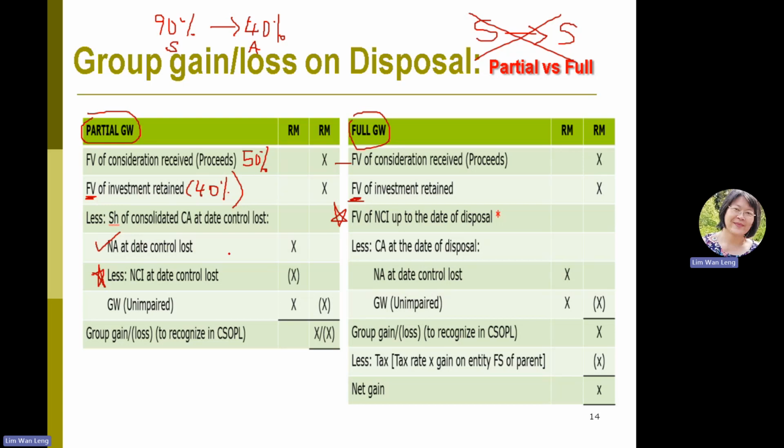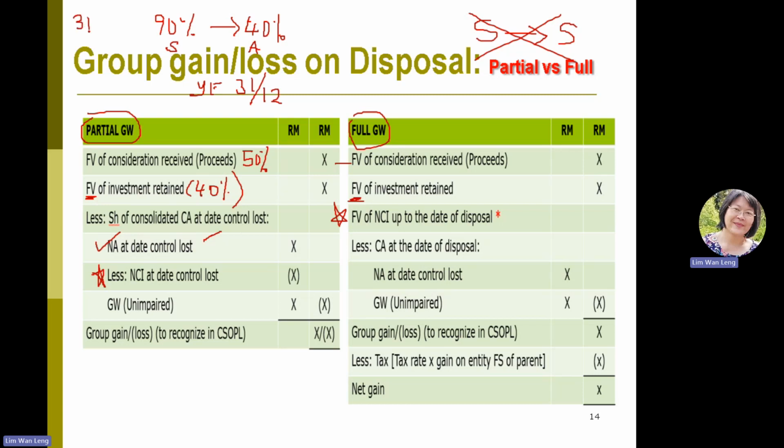All right, of course, in the pro forma here, I just put in one figure. So you have to calculate how much is the net worth, let's say, of the subsidiary at the date when control is lost. Let's say year end is 31st December. Okay, so partway through, let's say, when do you do the disposal?